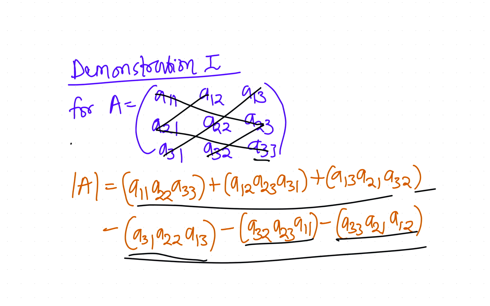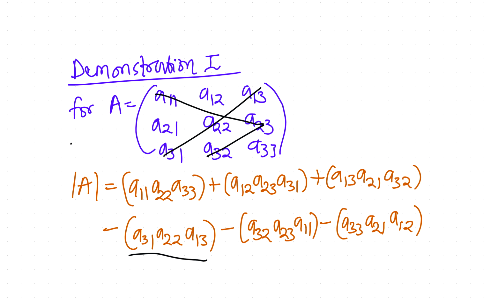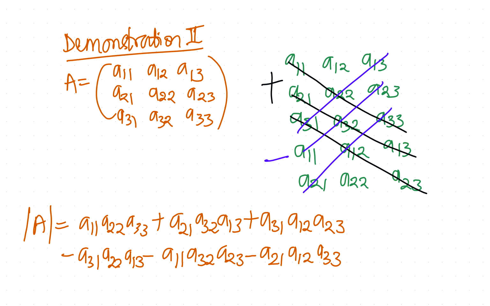Isn't it really cool? But even this, with all the corners, may still be confusing for some people. That's why we have a second demonstration, which I think drives the point home even better. So what happens there is this. Let me get rid of this line so you can see how it's all drawn.